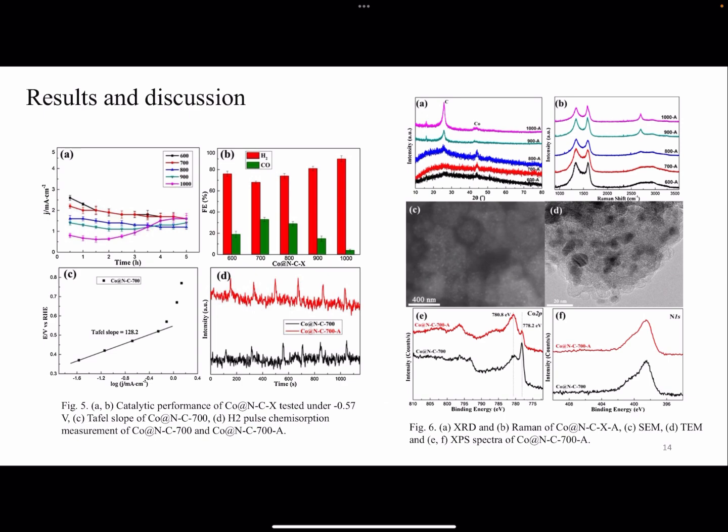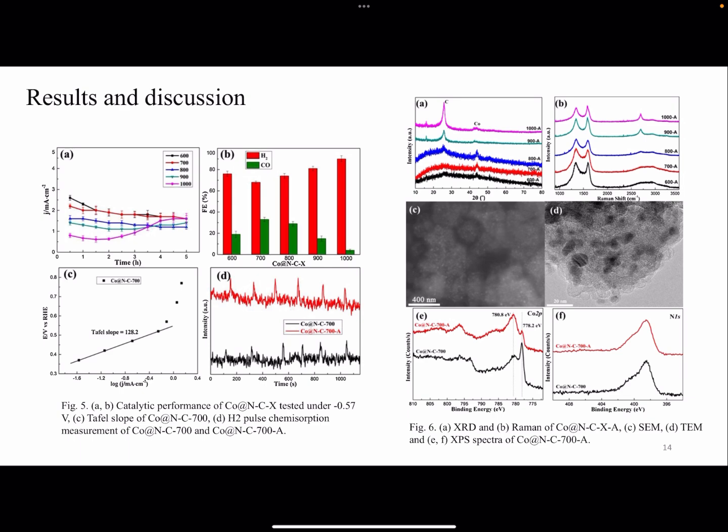So the authors used acid treatment, using aqua regia to remove the exposed cobalt particles that cause HER. And in image D, the H2 chemisorption signals completely disappear after the treatment, proving that the surface cobalt is gone.